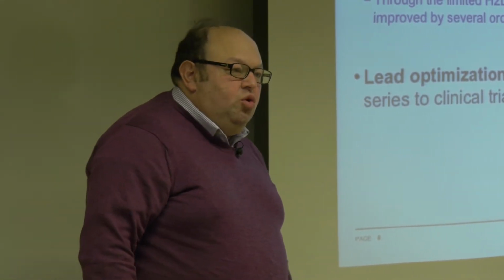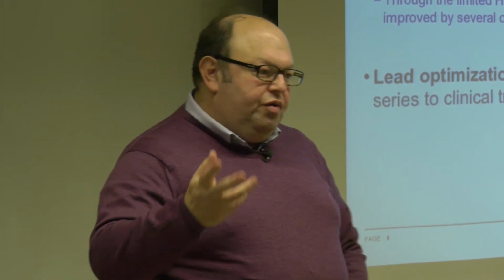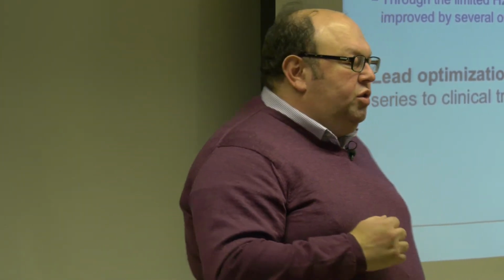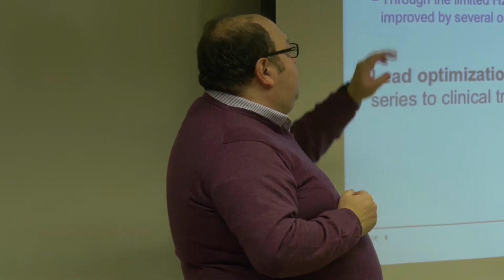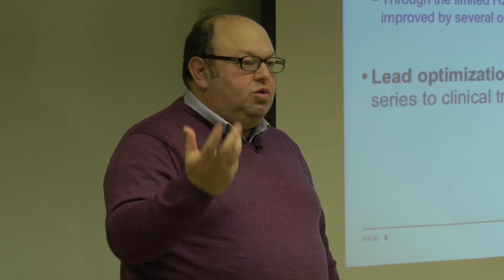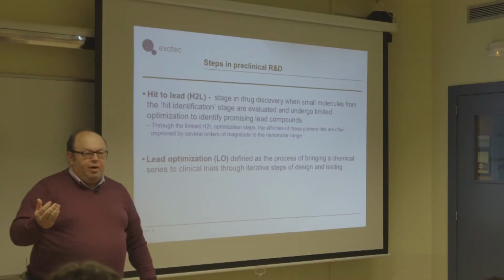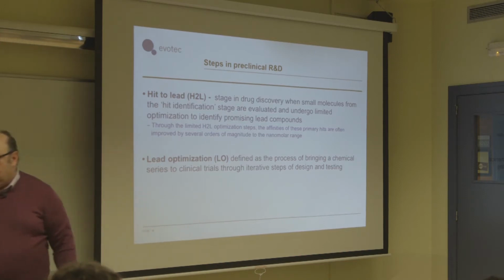The statistics show that actually if you're starting with a rusty key, with a bad key, there's usually a high chance you finish with a bad key. So there are a lot of questions regarding hit to lead, which key or which compound we should select. Should we start with something good, or can we have a compromise, or how much compromise can we agree to.